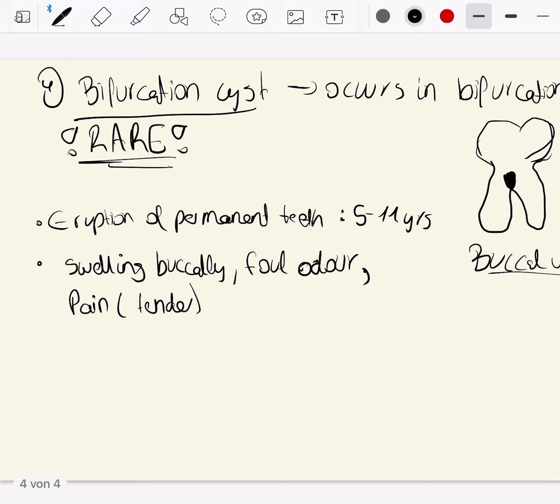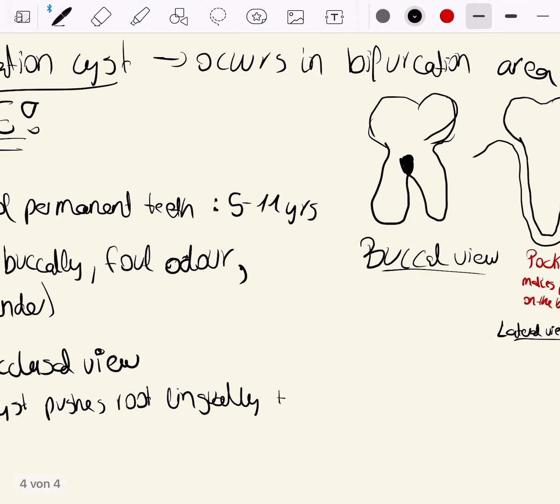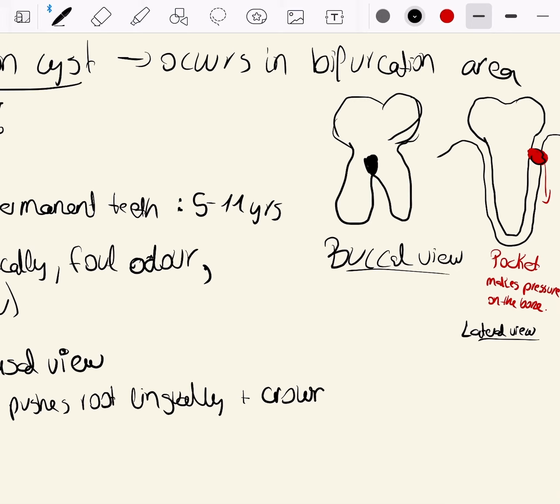In the X-ray, we can best see it from the occlusal view, and what is also really remarkable is that the cyst pushes the root lingually and the crown buccally.